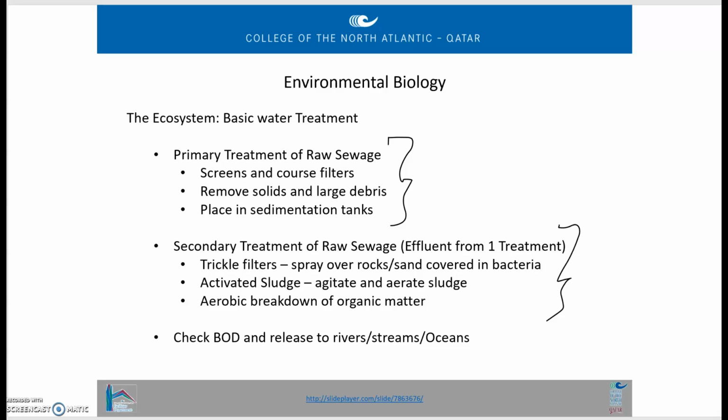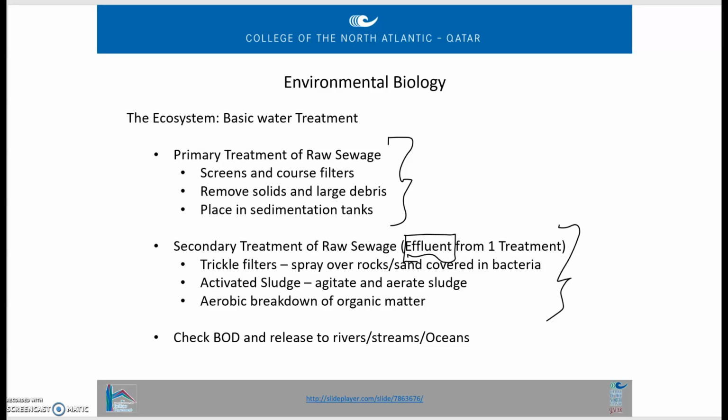The effluent, so the water liquid portion of the primary treatment, is put in through these trickle filters, these activated sludge, and the aerobic breakdown of organic matter. So these are all different types of treatments that help get rid of organic material that we find in the effluent.